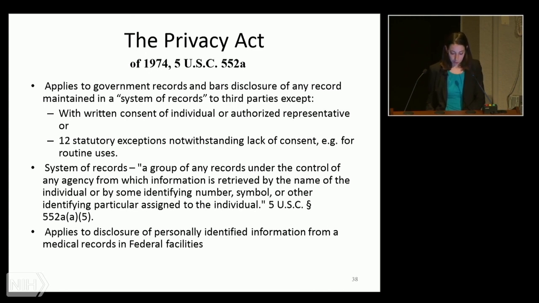So generally, the Privacy Act, which was passed in 1974, prohibits disclosure of records to third parties without the written consent of the individual to whom the record pertain, unless one of the 12 disclosure exceptions enumerated in the Act would apply. And the permissible release without consent is limited and rarely would include identifiable information.